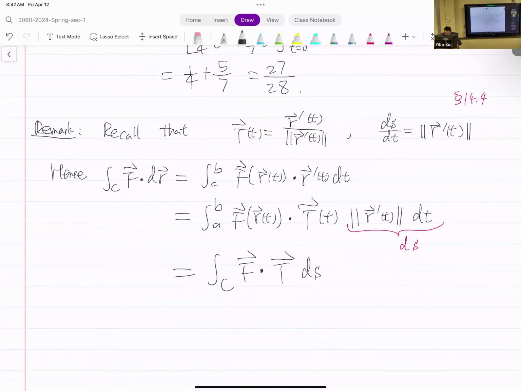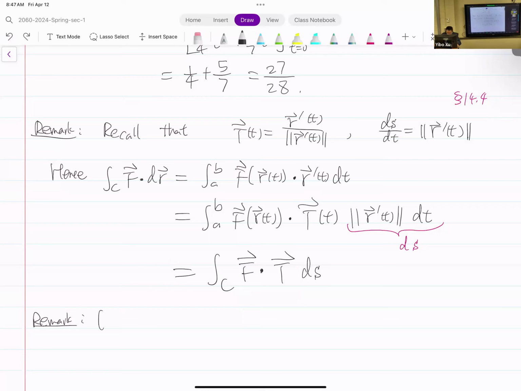You can think about this as: I'm traveling along the curve, so the unit tangent direction is exactly the direction that you're traveling along the curve. You dot with the vector field, so it's sort of like the force dotted with the displacement. So this unit tangent direction multiplied by the arc length increment is like accumulating the work.